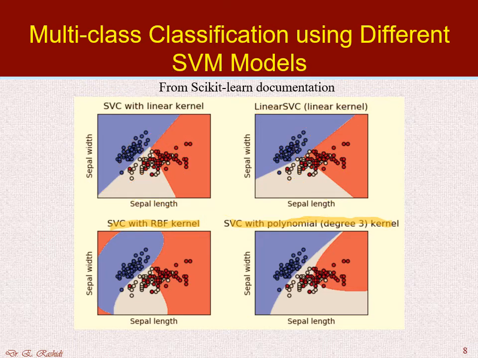And for the SVC with RBF kernel, you see that these are not linear. These are non-linear boundaries. And the same is true for the SVC with polynomial. As you see here, this is also non-linear.